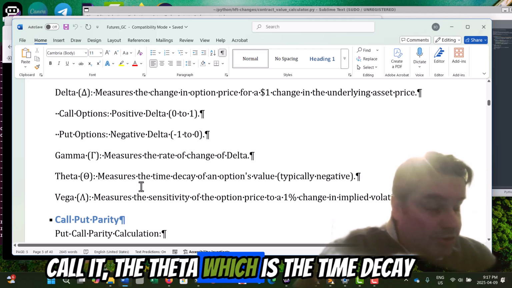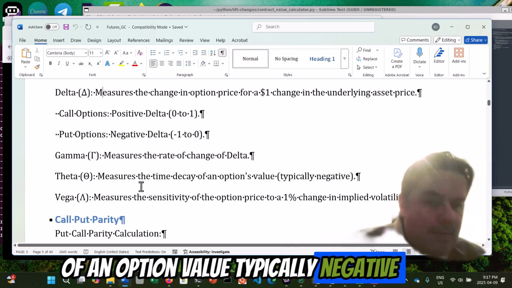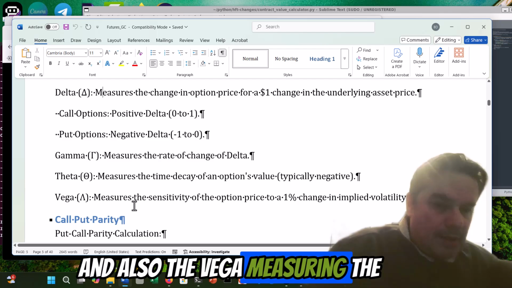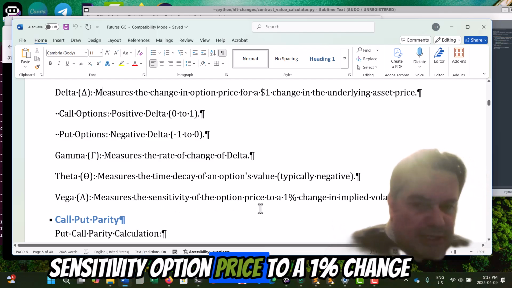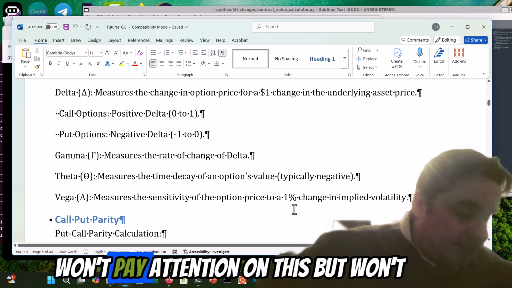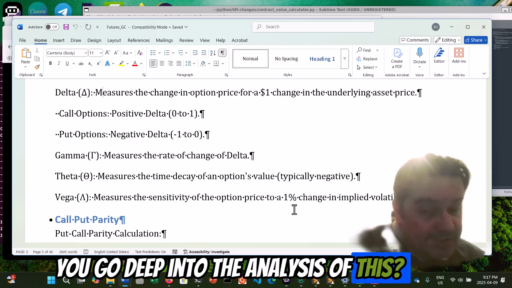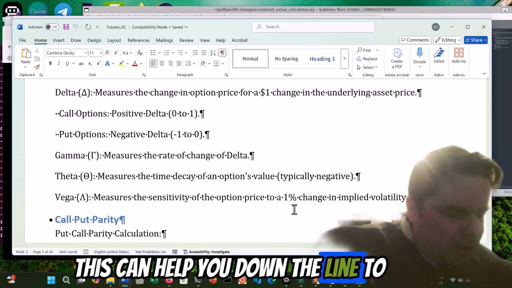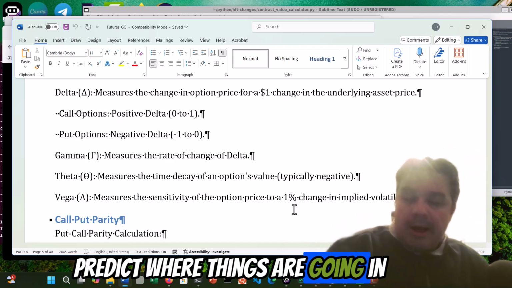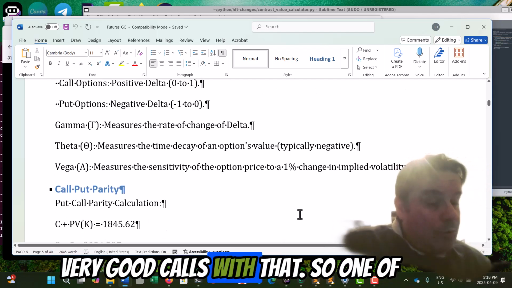There's theta, which is the time decay of an option value, typically negative, and also the vega, measuring the sensitivity of the option price to a 1% change of the implied volatility. A lot of people won't pay attention to this, but once you go deep into the analysis of this, this can help you down the line to predict where things are going in terms of the options, and you can make very good calls with that.